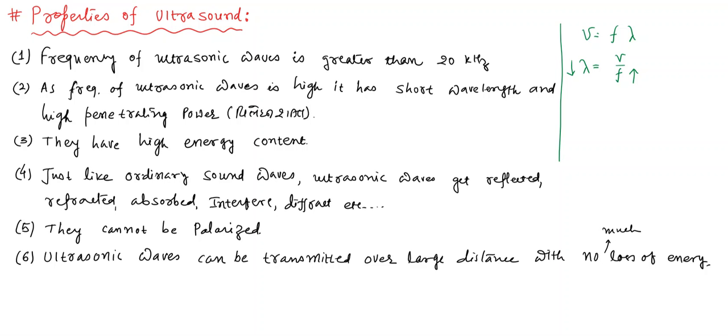Loss of energy will happen, but it will be very small. So ultrasonic waves can be transmitted over large distances with negligible loss of energy, and therefore they are used for communication between submarines. We will see one topic, namely sonar, which is used for communication from one submarine to another submarine inside the sea. So ultrasonic waves can travel more distance without much loss of energy, as they have a high value of energy or high value of power.